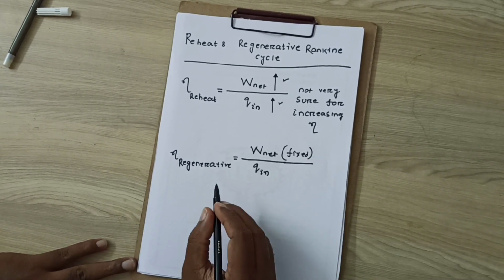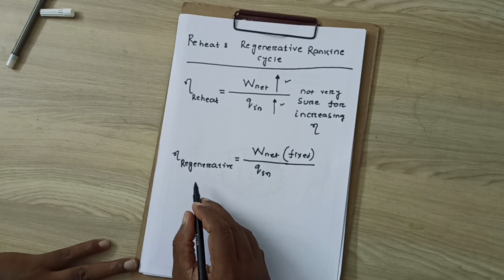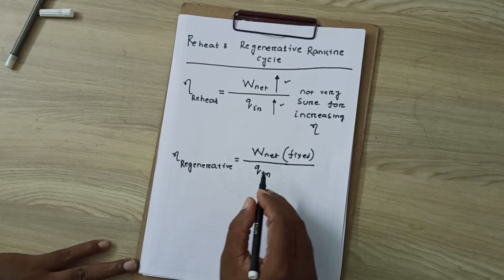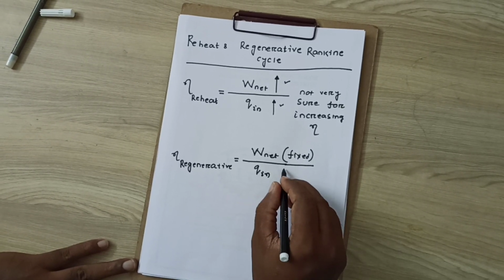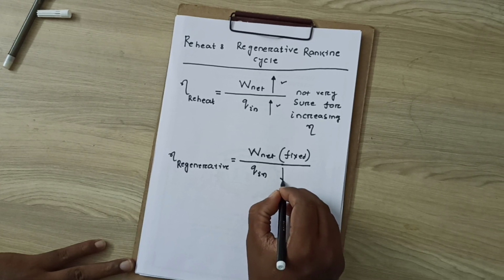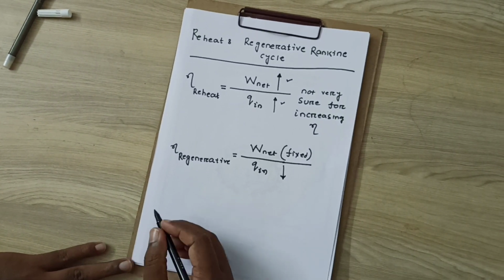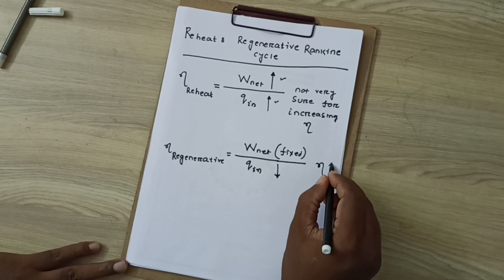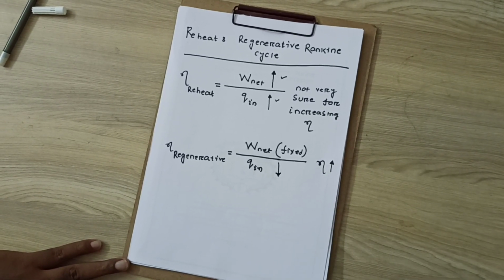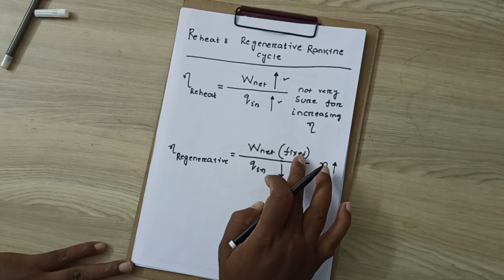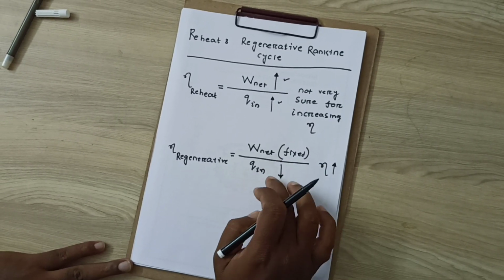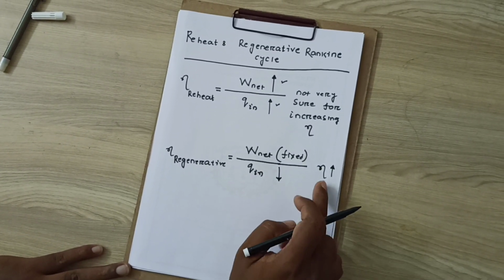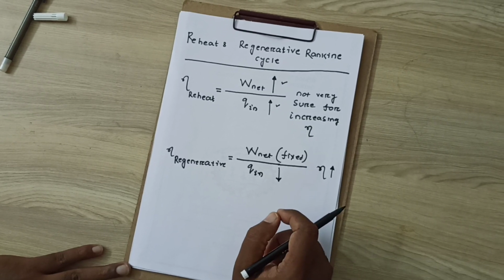And with the incorporation of open feed water heaters, this heat input is decreased. So this Q in is decreased. As a result, the efficiency surely is improving. The net work output is not increasing, but as the heat input is decreasing, there is a substantial increase in efficiency.